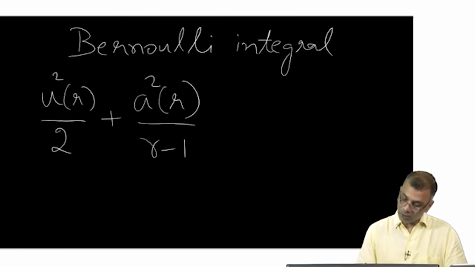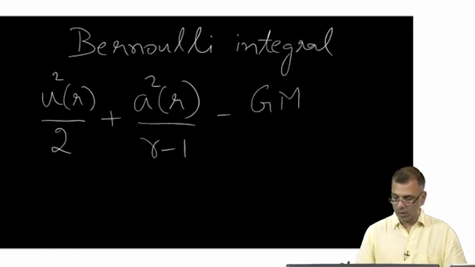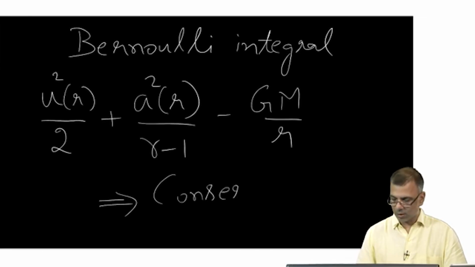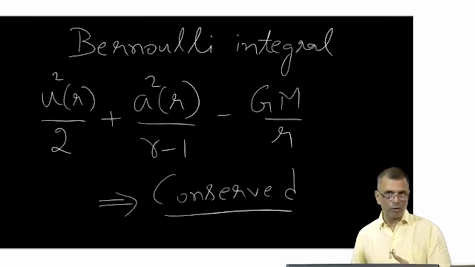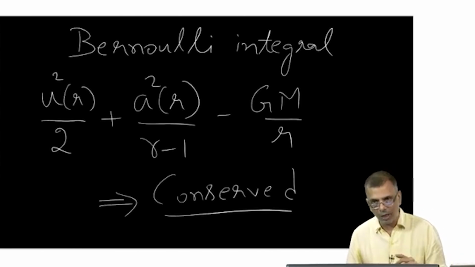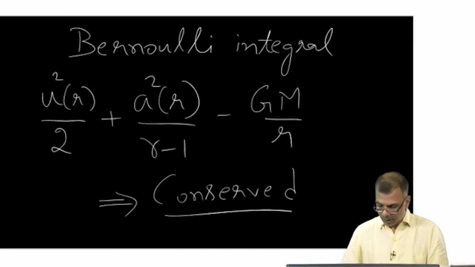This is of course assuming a polytropic equation of state, minus, and this is always conserved. Everything that we've been doing so far by way of the sonic point, how du by dr behaves, and so on and so forth, is all the same. It's just that the emphases are slightly different.